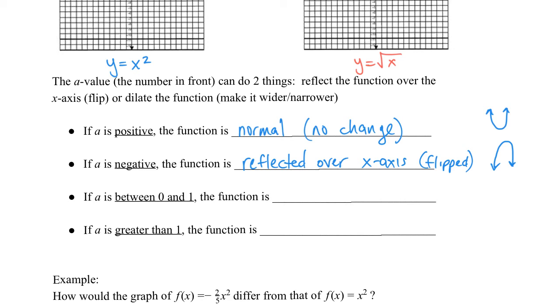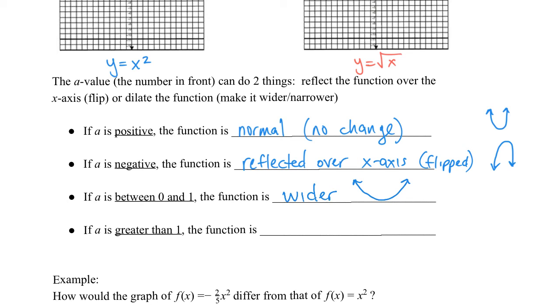We talked about this earlier in the course. If it's between 0 and 1, like 1/2 or 3/4 or 5/8, then the function actually gets wider. That might be a parabola that gets real wide.